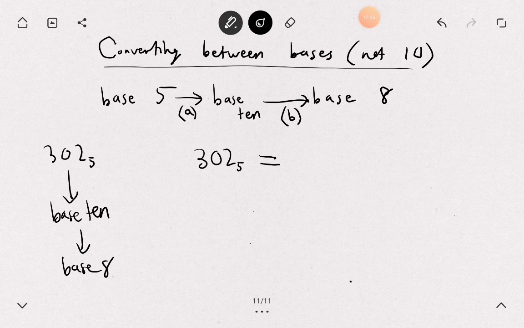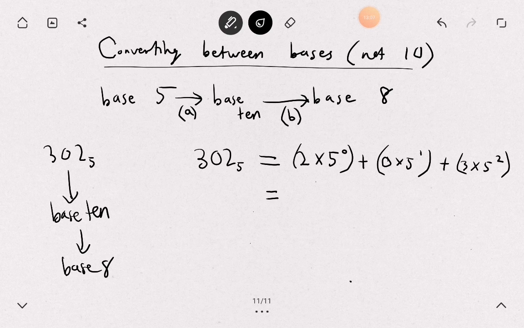You remember, if you want to convert to base 10, we did this in part A. You take the first digit 2 times the base, which is 5, to the power of 0, plus 0 times 5 to the power of 1, plus 3 times 5 to the power of 2.